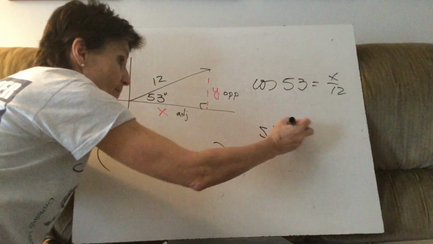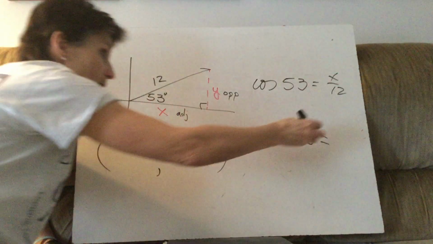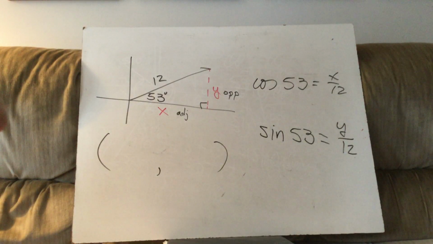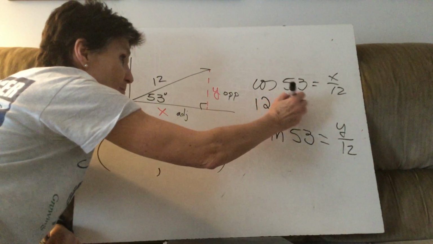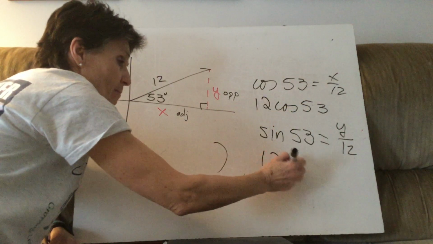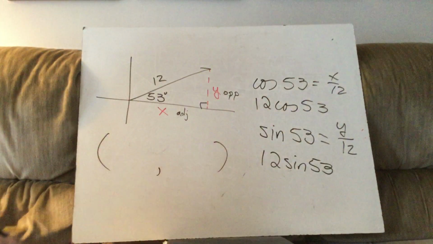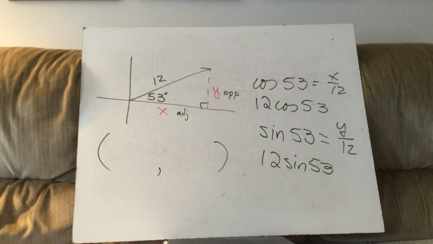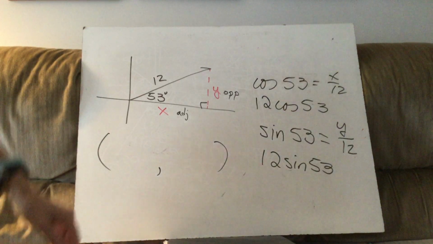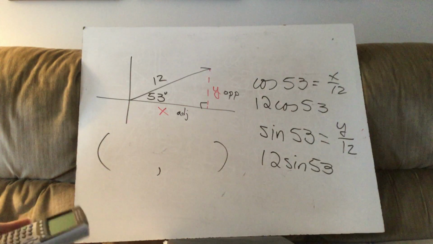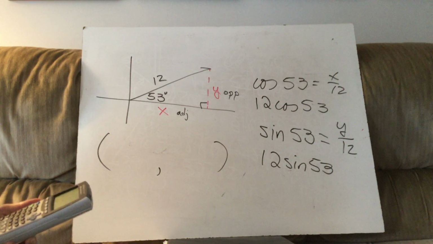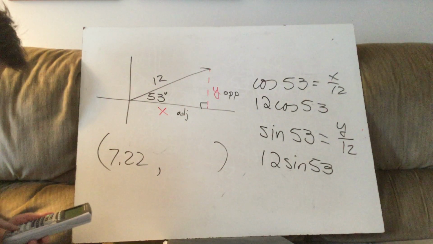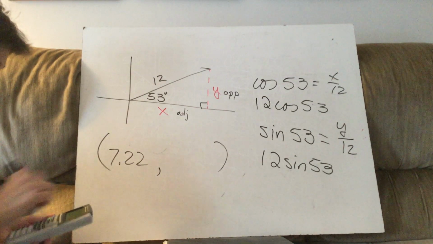And then sine 53, sine angle equals y over 12. So we'll go ahead and multiply by 12. And that's going to give us our x and our y. So 12 cosine 53, I got 7.22. And 12 sine 53, 9.58.